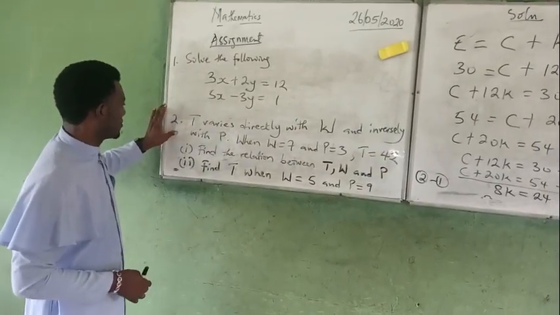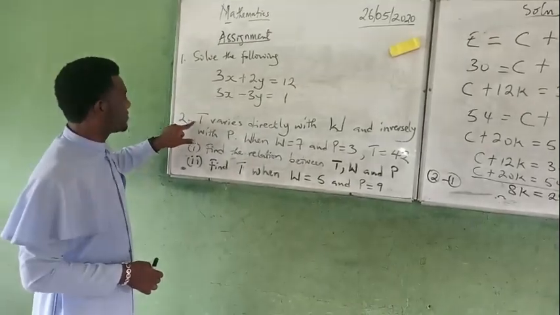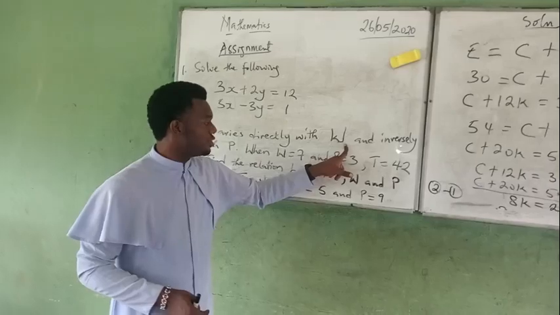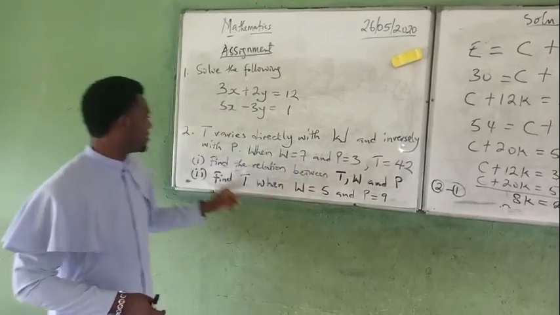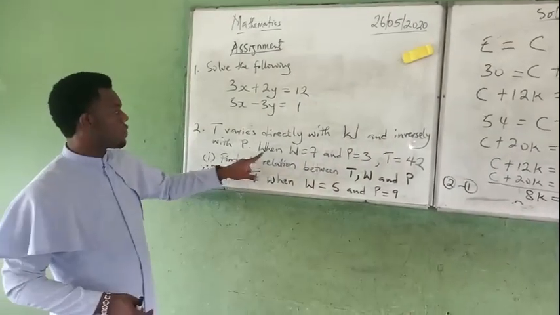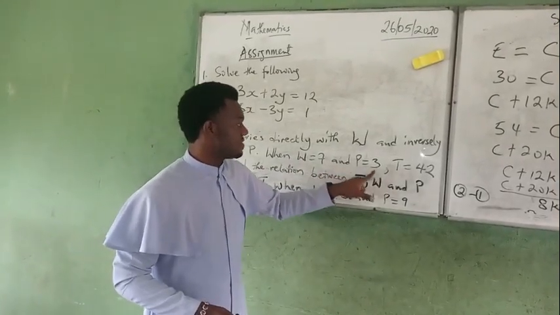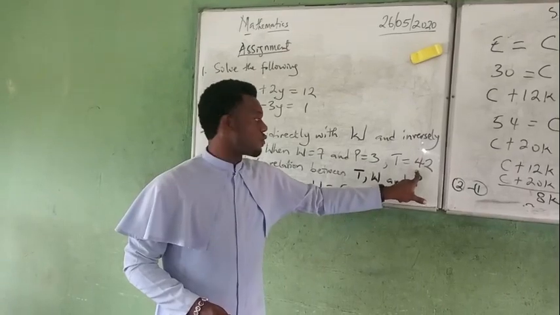Then number 2, on variation. T varies directly with W and inversely with P. When W is equal to 7 and P is equal to 3, T is equal to 42.